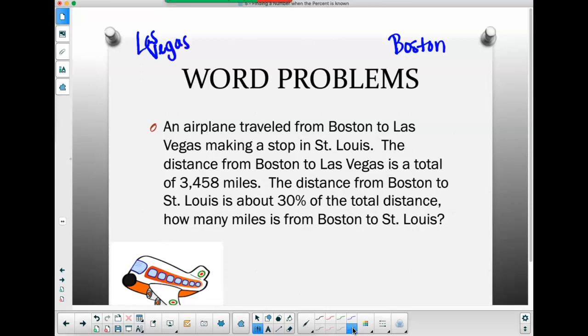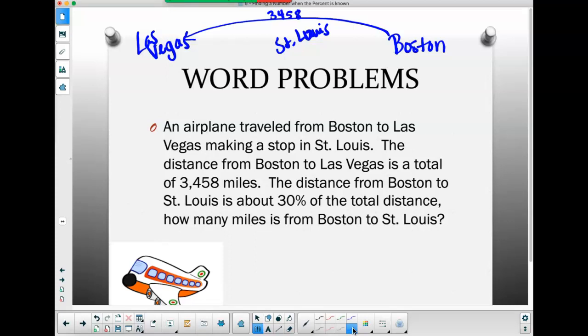And it made a stop here in St. Louis. Right? The airplane traveled to those places. Okay, the distance from Boston to Las Vegas here is a total of 3,458 miles.